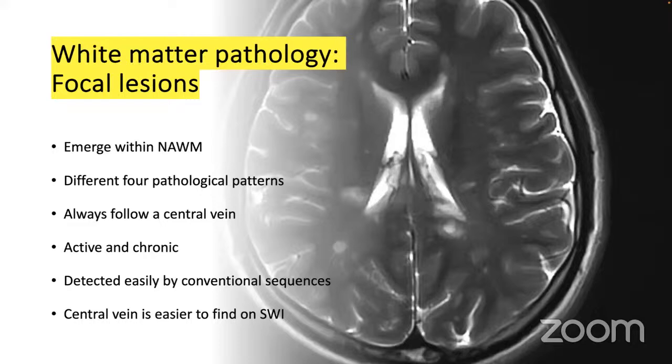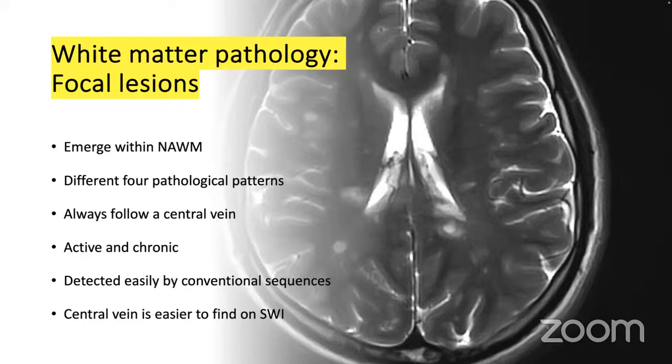And from a pathological point of view, virtually there is no single focal lesion that does not occur around a central vein. There must be a vein around every single lesion. What matters for us is that some veins are visible. We are able to see the central vein in a conventional scan, and some veins are not, as they are very tiny and microscopic. But virtually all the lesions are around a vein.